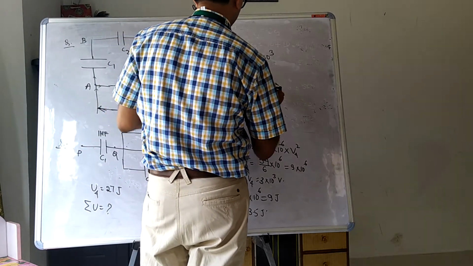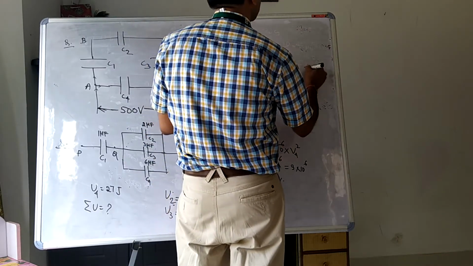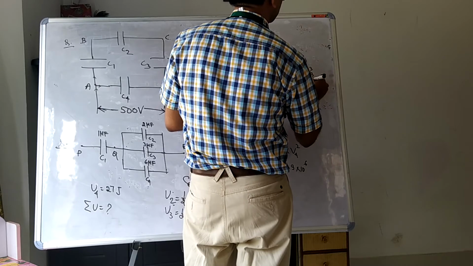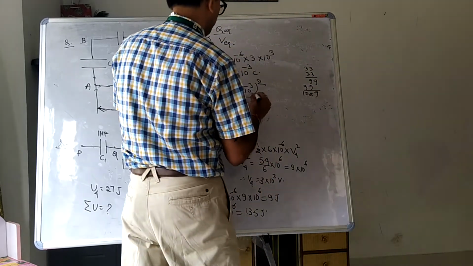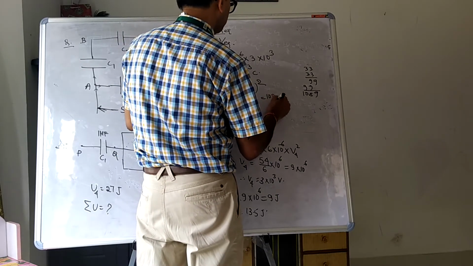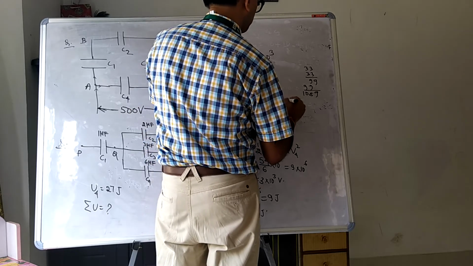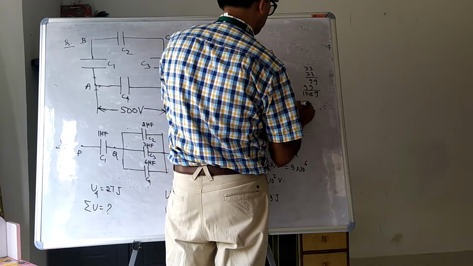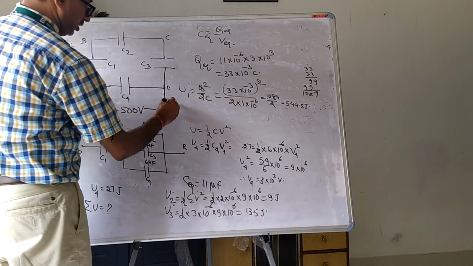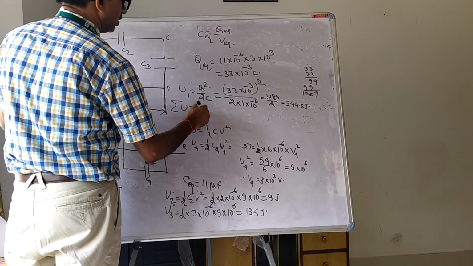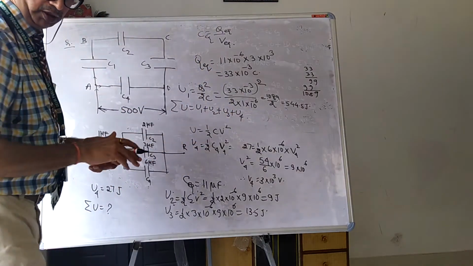So it will be 33 into 33 by 2, that is 1089 divided by 2. So this will be 544.5 joule. So the total energy sigma U will be U1 plus U2 plus U3 plus U4.